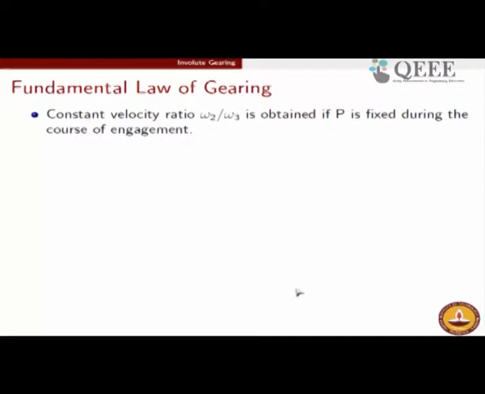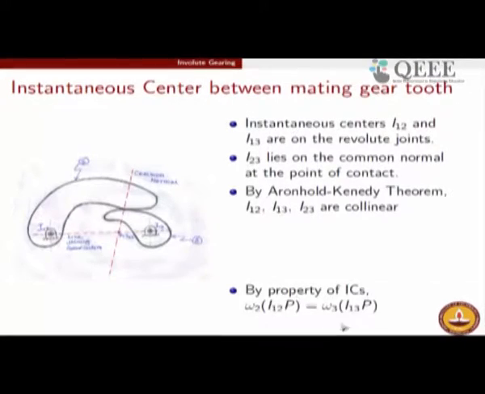Remember, in yesterday's discussion itself, we understood that the primary objective of having a gearing arrangement is to ensure a constant velocity ratio, that is, the ratio of omega 2 by omega 3 has to be fixed for all times.